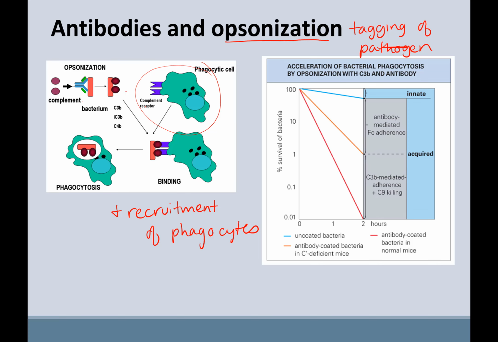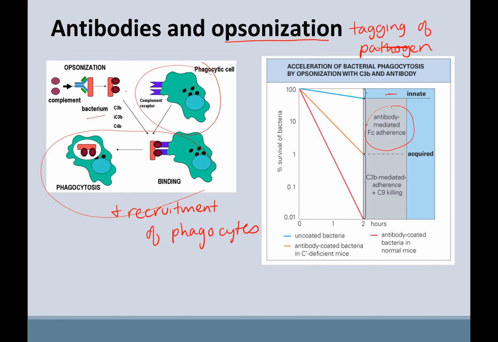Phagocyte recognizes the complement, okay, binds and eats, destroys that, in this case, bacterium, the pathogen. Okay. So antibodies can take a role in this, and what this is trying to show you is that here's your innate just complement.